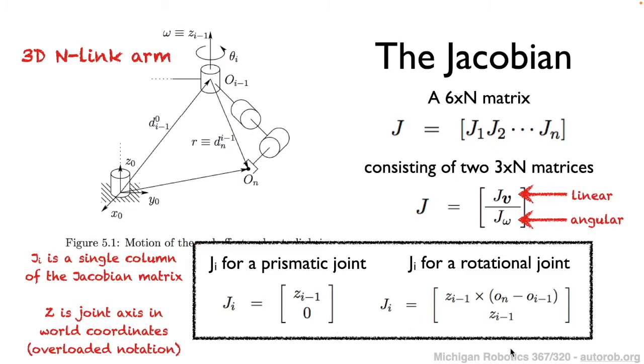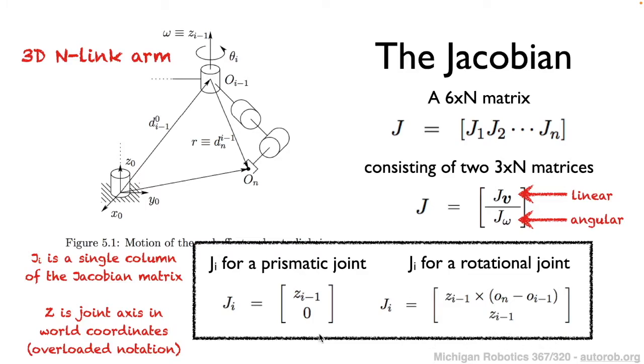Similarly, for a rotational joint, the corresponding column within the Jacobian is defined on the right-hand side of this slide. The first three components of this vector represent the axis of rotation for this joint, cross product with the vector that points from the origin of the joint to the origin of the end effector, and the lower three components of this particular vector correspond to just the axis of rotation for this rotational joint.